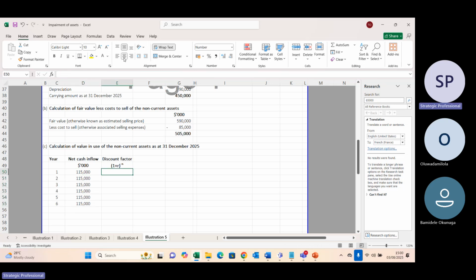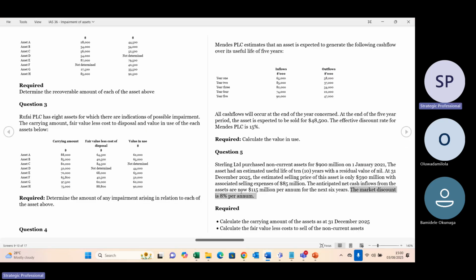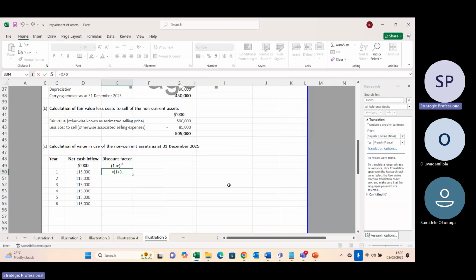Then the discount factor is 1 plus r, let me explain. r means rate. What is the rate? In the question, 8%, which is 0.08, raised to power minus n. n means number of years. So the first one is year 1, minus 1.